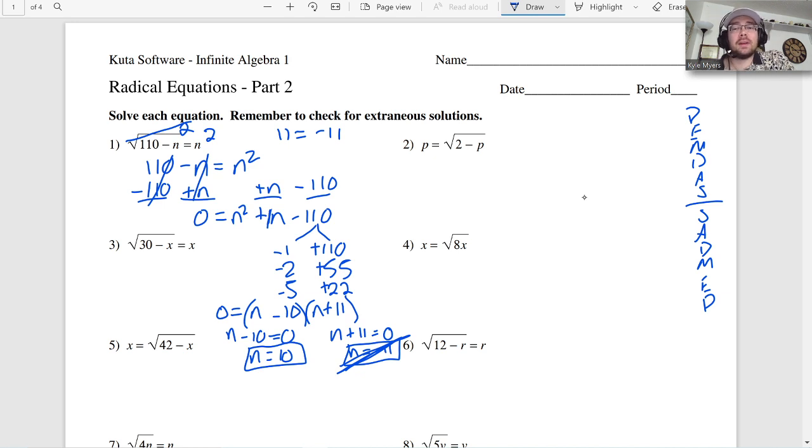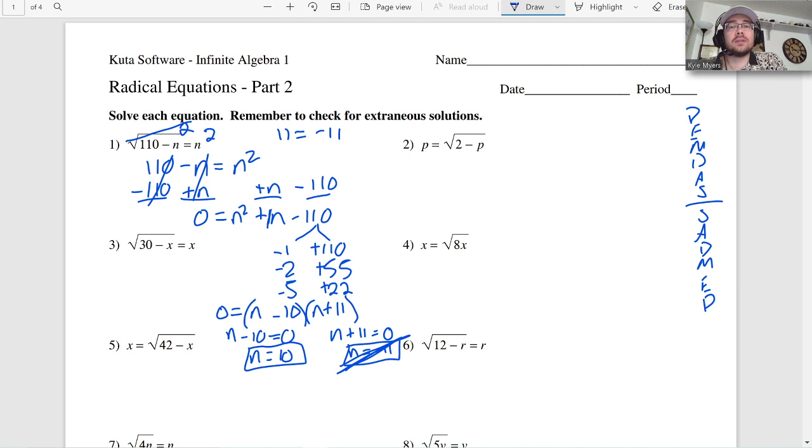So what I'm going to do is, obviously I took up like 3 different spaces of problems here. So as I move forward, I'm not going to do as much work. I'm not going to do as much showing of my work, because it's just going to take up a ton of space, and you can always refer back to number 1.